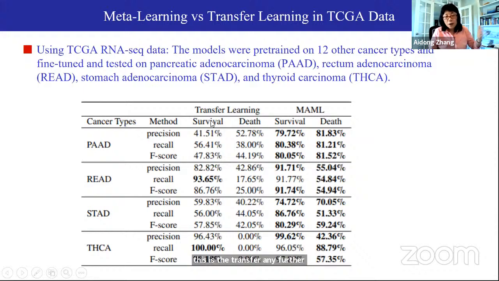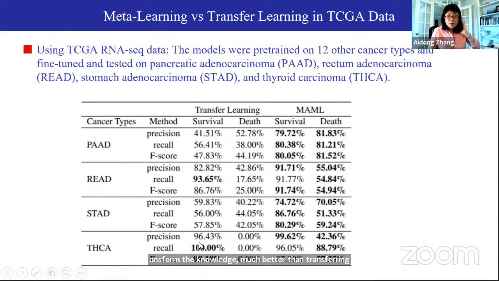And this time we did not use the earlier prediction; we used the survival and death event as the prediction. Then we used 4 new types of cancer and saw how transfer learning and the new meta-learning, MEMO, perform between them. You can see mostly the meta-learning transfers the knowledge much better than transfer learning.